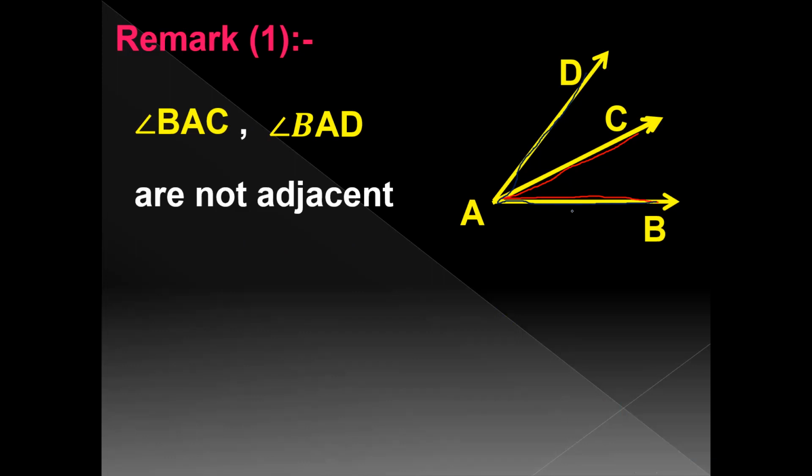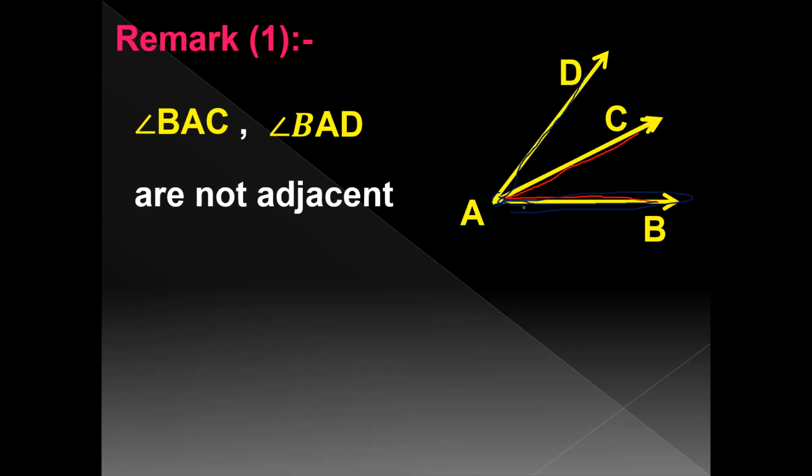We say that two angles are adjacent if we have three conditions. First condition, common vertex. Yes, we have a common vertex, A. But where is the common side? The common side is AB. This is the common side.